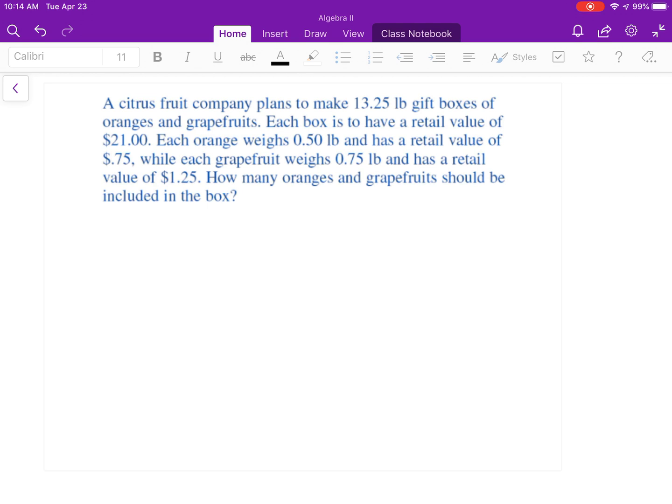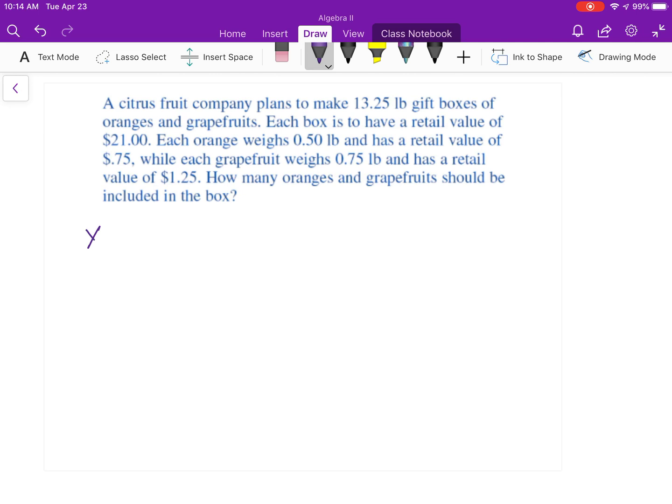How many orange and grapefruit boxes must be included? So let's go. X equals the number of orange boxes. Y is the number of grapefruit.